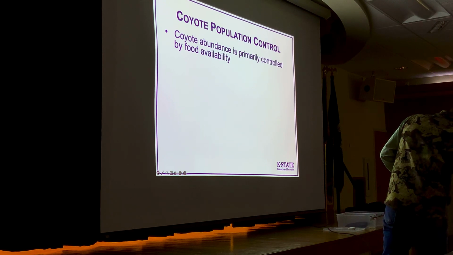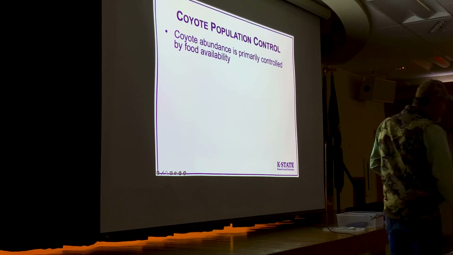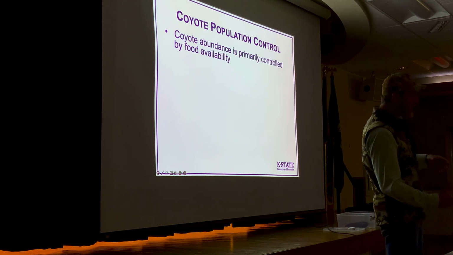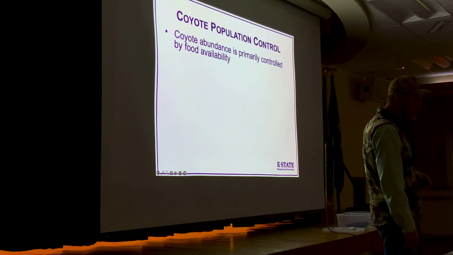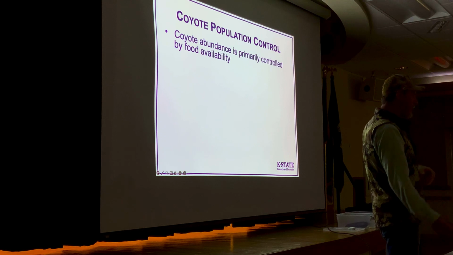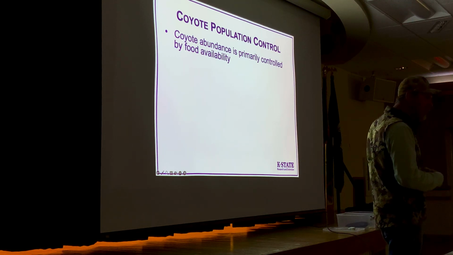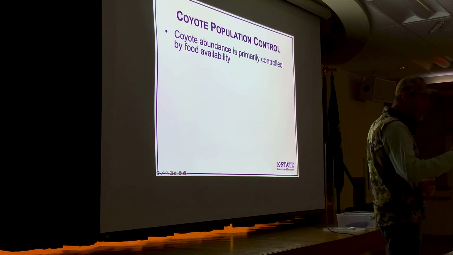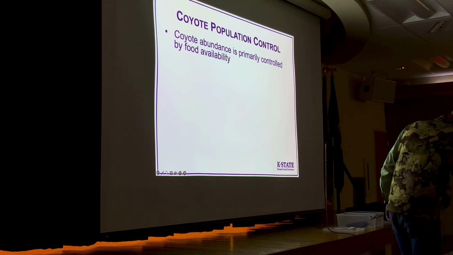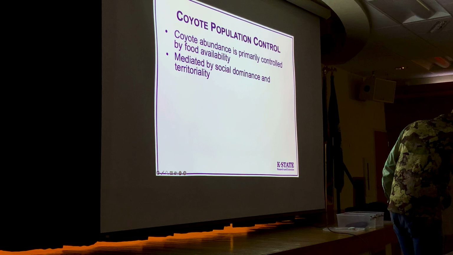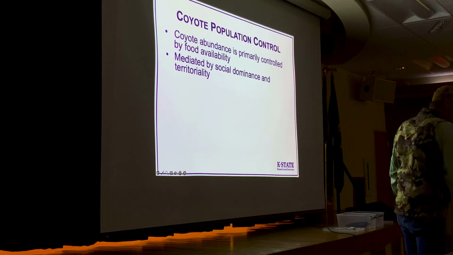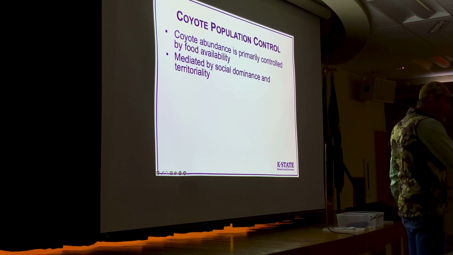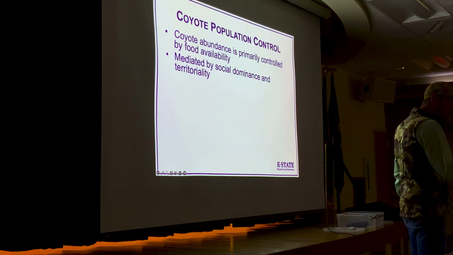Why not population control? Well, coyote abundance tends to be controlled by food availability. And when we go in and wipe out a whole bunch of coyotes, what happens to the food availability? It may not immediately go up, but it tends to go back up relatively quickly. It's also mediated by social dominance and territoriality. So for every coyote you remove, there's one waiting to fill its spot.